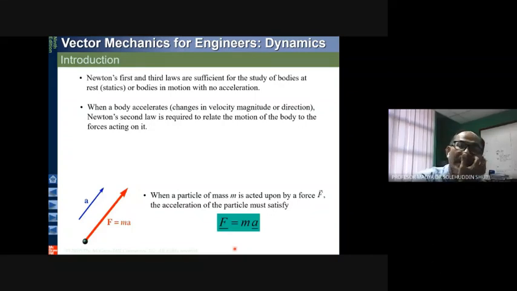When the body accelerates, it means there will be changes in velocity, in magnitude or direction. So the second law is required to relate the motion of the body to the force acting.